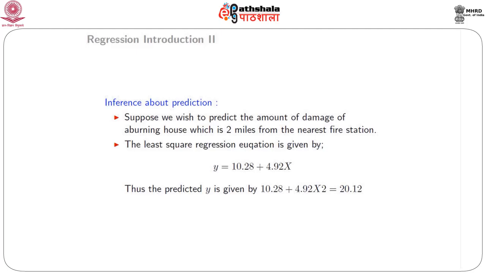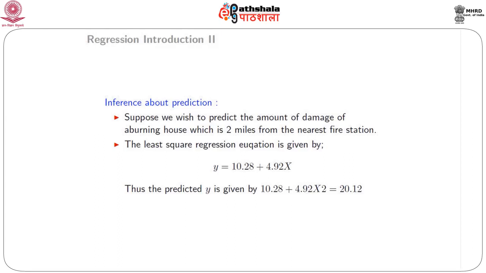So, suppose we wish to predict the amount of damage of a burning house which is 2 miles from the nearest fire station. What we do is, we first use this data set and we fit a regression line to the data. By fitting, we mean we obtain the parameter estimates for this regression line and plug them back into the equation, and the equation that we have got here is y equals 10.28 plus 4.92 times x, where the slope is 4.92 and the intercept parameter is 10.28.